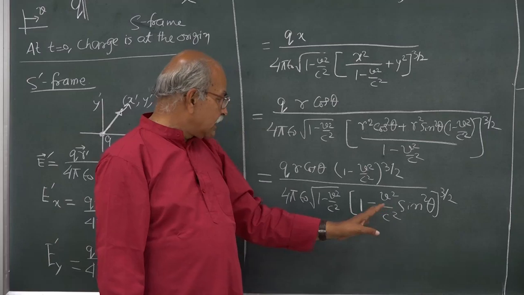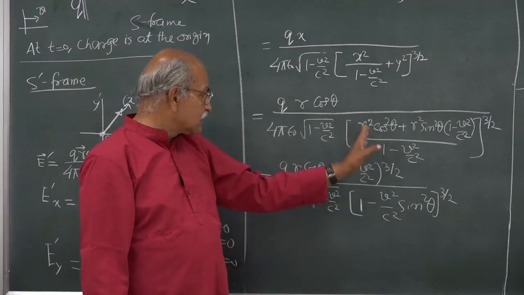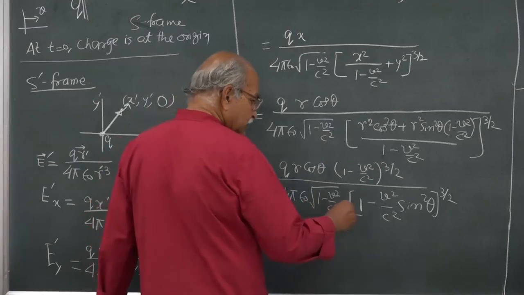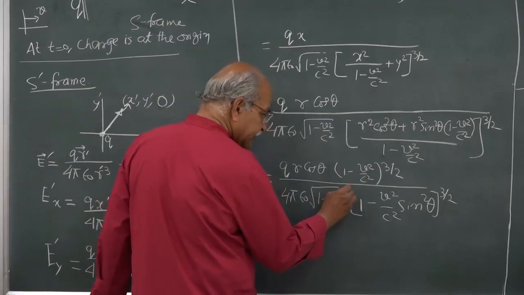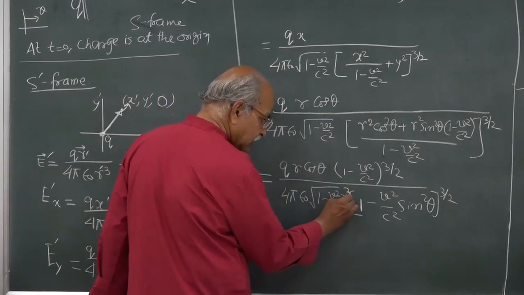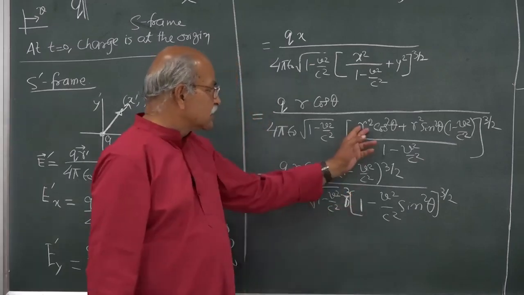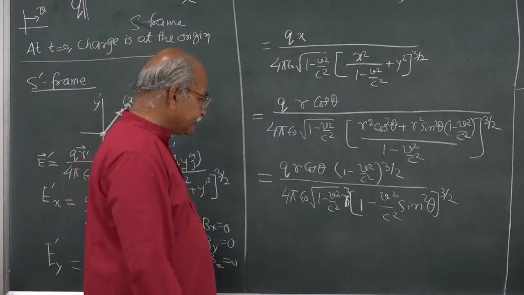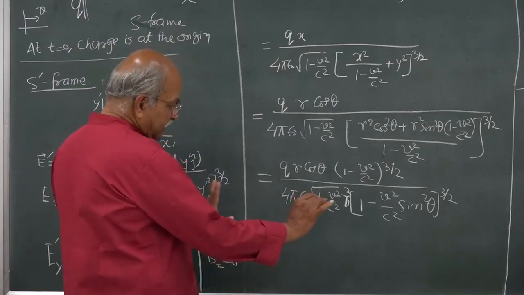So, it is there, and r square is there. So, r square and power 3 by 2 will be r cube. So, that r cube will come outside. So, this is it. We will keep it in this form.